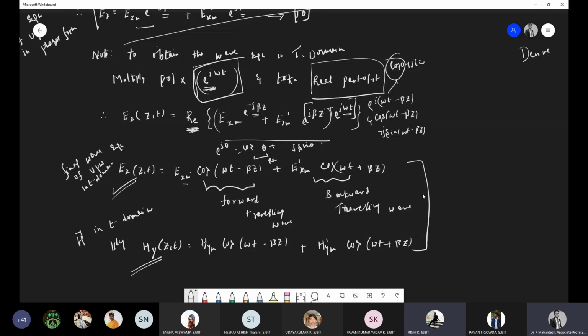We shall discuss wave parameters: intrinsic impedance, wavelength, phase constant, propagation constant. There are some parameters of a wave, some simple definitions that you need to remember, and then we shall try to obtain the relationship between E and H.